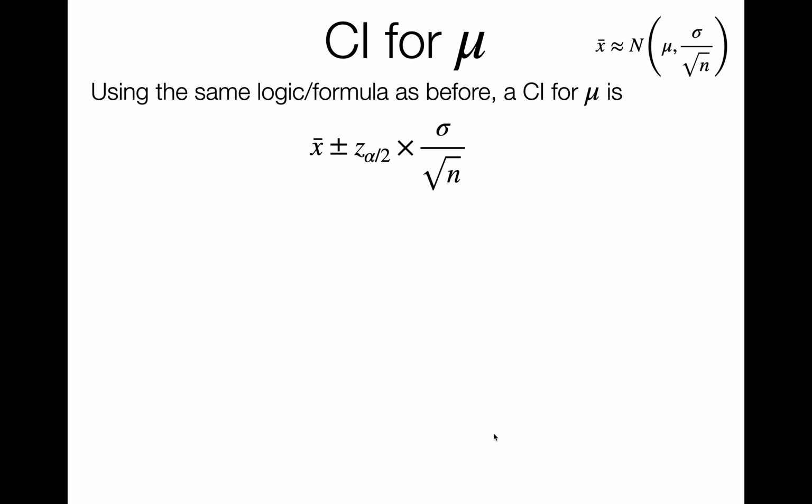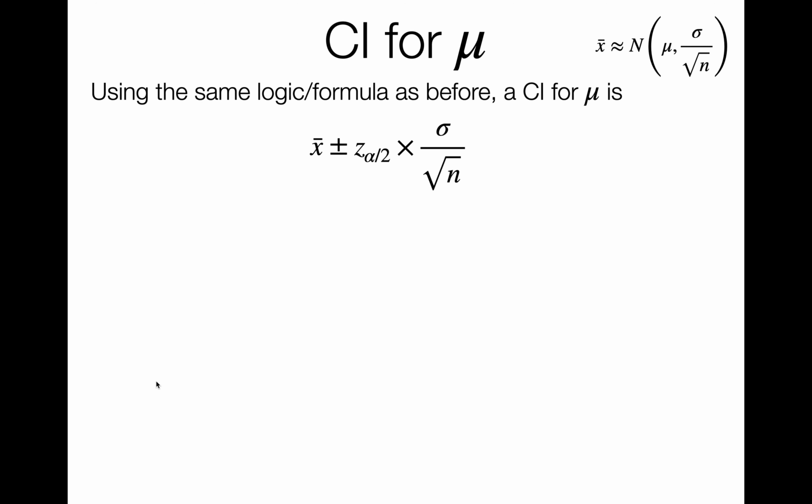The point estimator X bar plus or minus the confidence factor, which is a z-score, that z sub alpha over 2 that hopefully you're getting more comfortable with, times the standard deviation of the sampling distribution. I put that up in the right-hand corner for your reference. It's the confidence factor times the standard error. And the standard error, we can think of it as just a fancy word for the standard deviation of the sampling distribution.